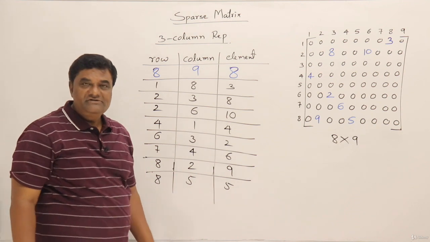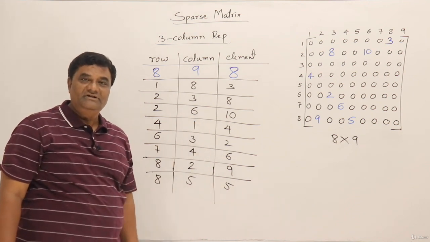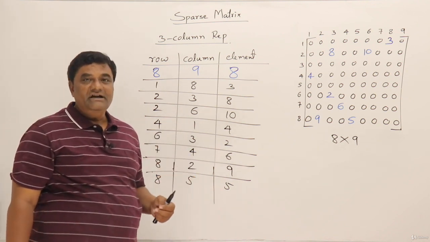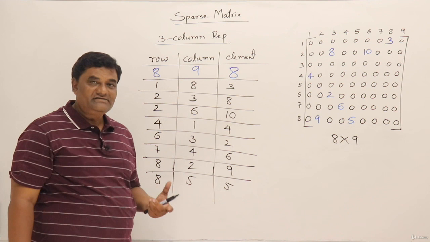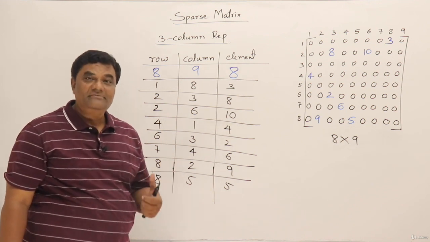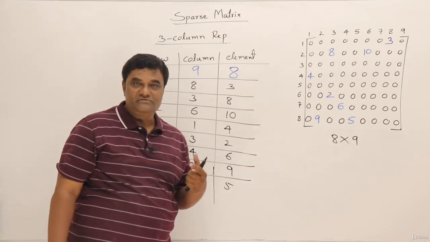So the first row we can use for number of rows, number of columns and number of non-zero elements. This is a commonly used method. Using this method, I will show you how to perform addition and subtraction of matrices. But before that, let us look at the second method, compressed sparse rows.